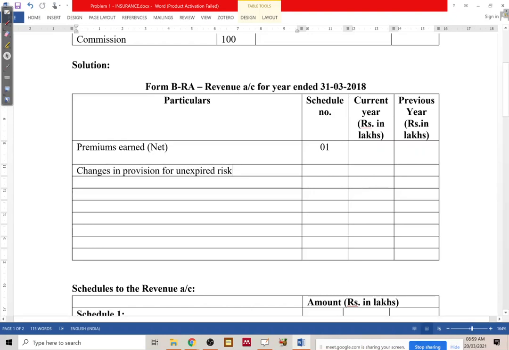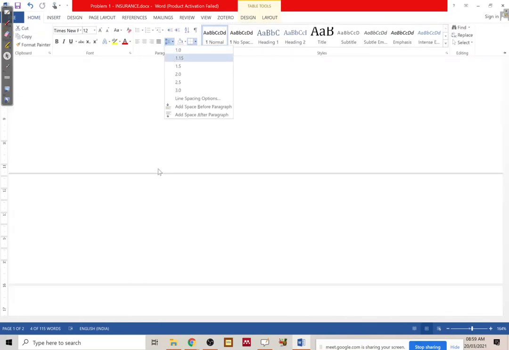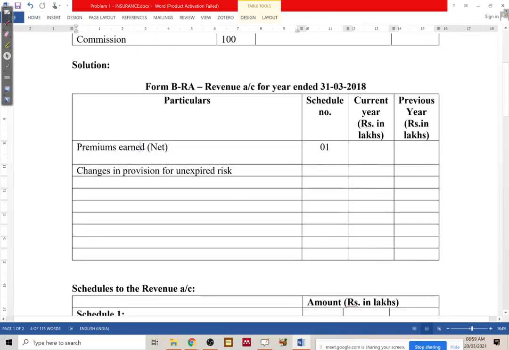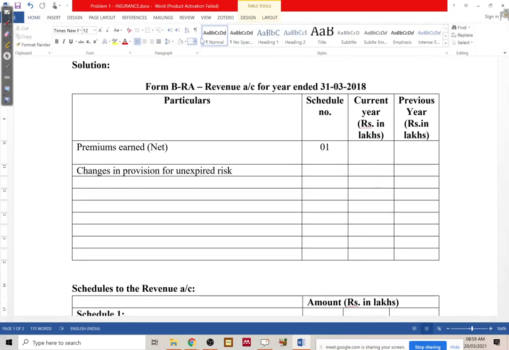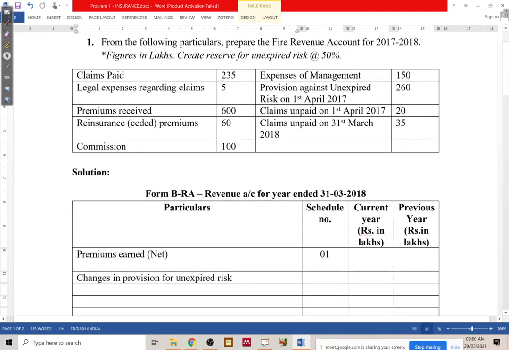You have to assume that people may not be regular in paying their premiums, which is why you need to make this provision for unexpired risk, keeping in mind that you might suffer some losses if people do not pay the premiums in time. We'll see how these provisions work.